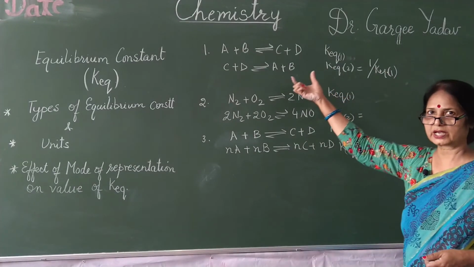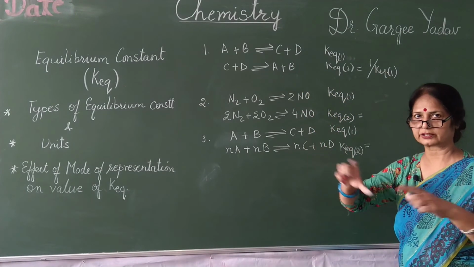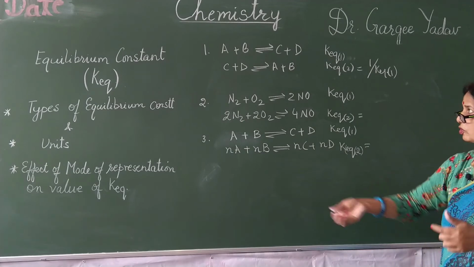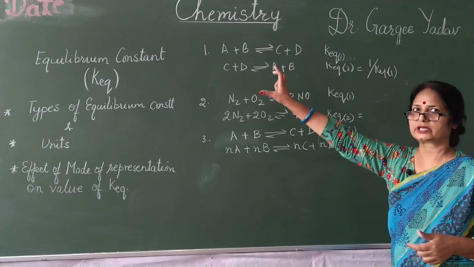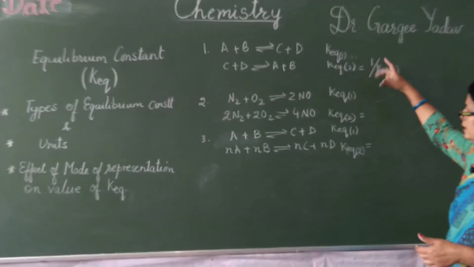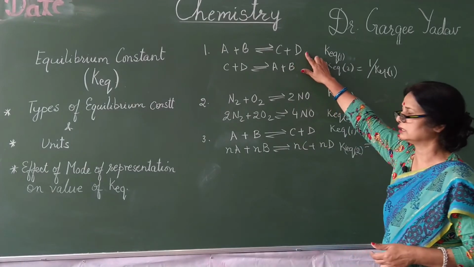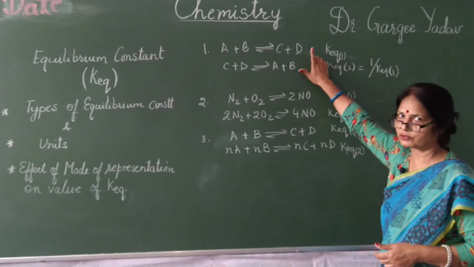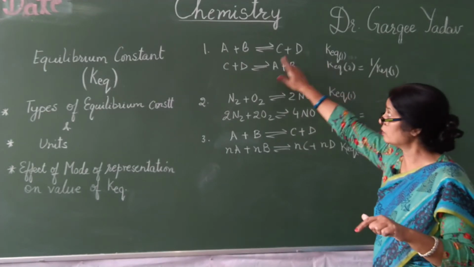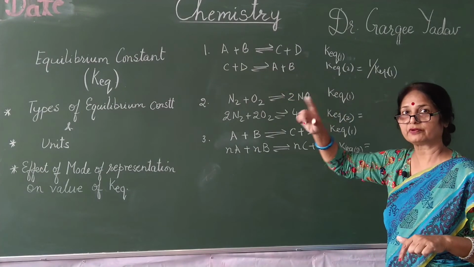You can see this from the formula also, the active masses of the reactants, because now the products are the reactants. Suppose the value for this reaction was 20. Now the value of the equilibrium constant will be 1 upon 20.